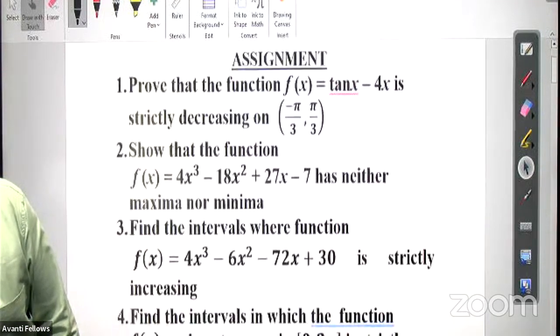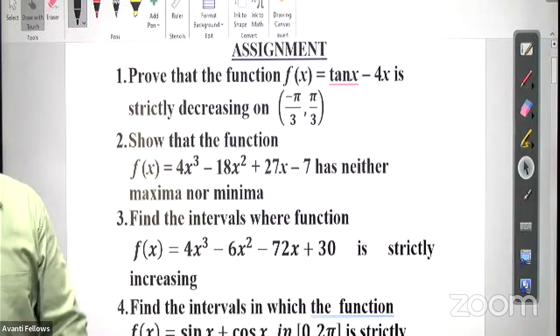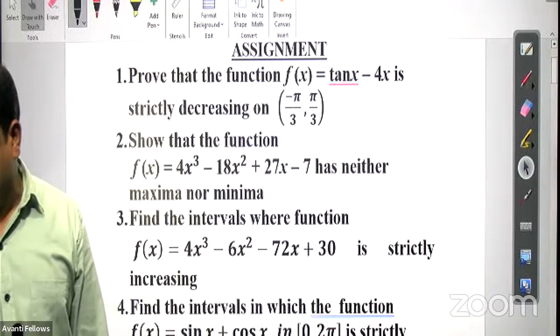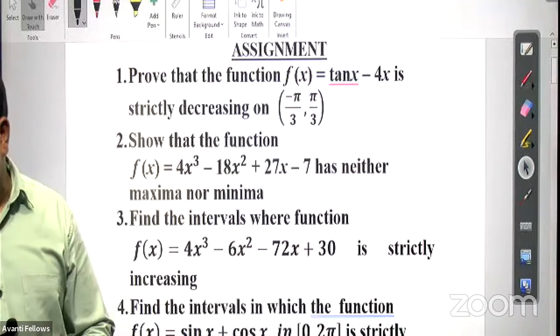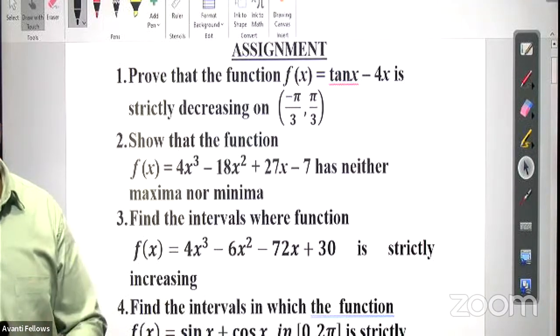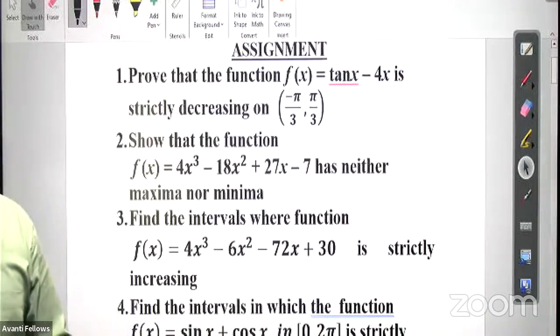Actually, somebody was asking in the morning session: the function tan x minus 4x is strictly increasing on the open interval minus pi by 3 to plus pi by 3. Prove that the function f of x equals tan x minus 4x is strictly increasing.